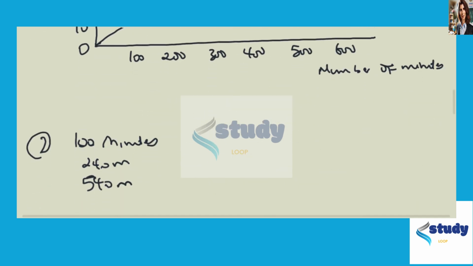So if she wants to make 100 minutes, she should choose plan A. If she wants to make 240 minutes, she should choose plan B. And if she wants to make 540 minutes, she should choose plan C, because that will give her the lowest cost.